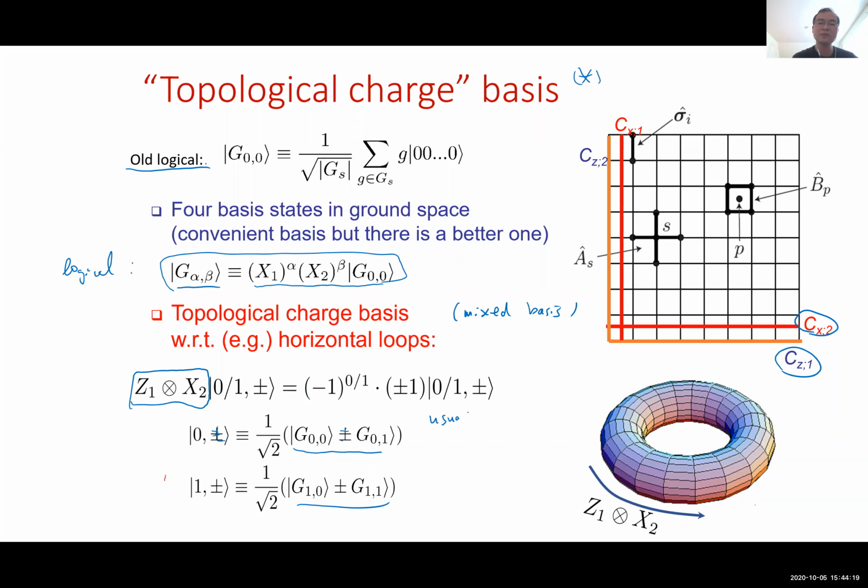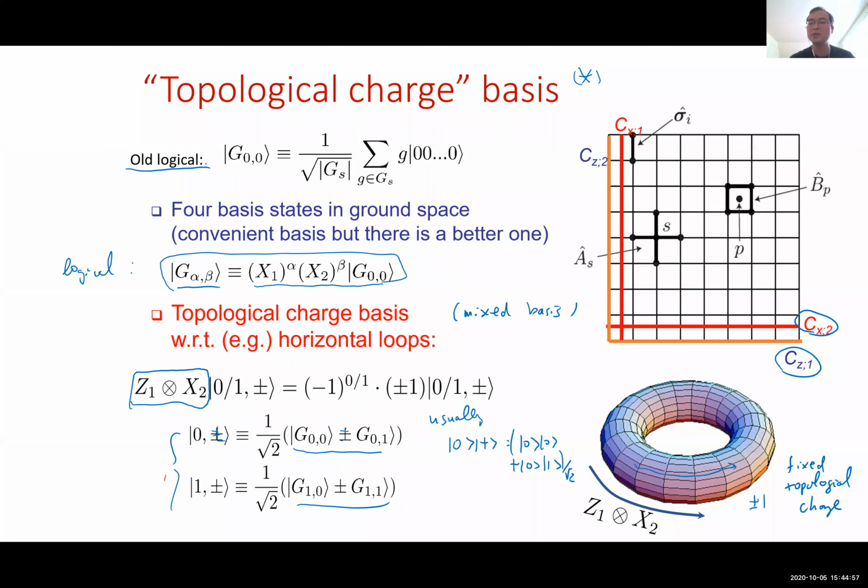Usually when you write 2 qubit 0 and plus, it's really just 0, 0 plus 0, 1, right? So it's really similar to that, but this basis has a fixed eigenvalue, right? So in some sense, it has a fixed topological charge, it looks like there is an anyon threading this.